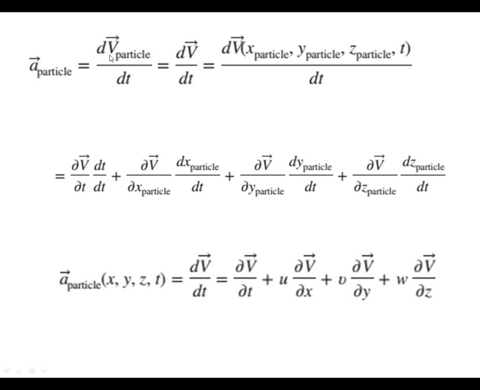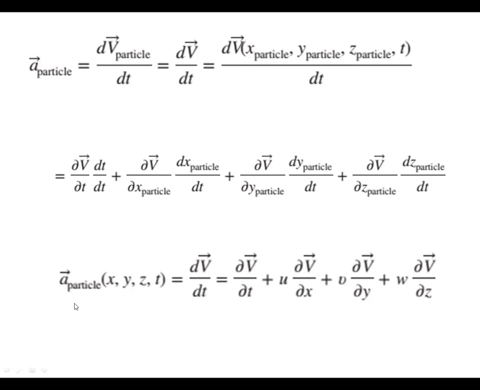Then for the rate of change of this velocity with time, we divide all the quantities by dt. Here dx by dt is nothing but u, dy by dt is nothing but v, and dz by dt is nothing but w.